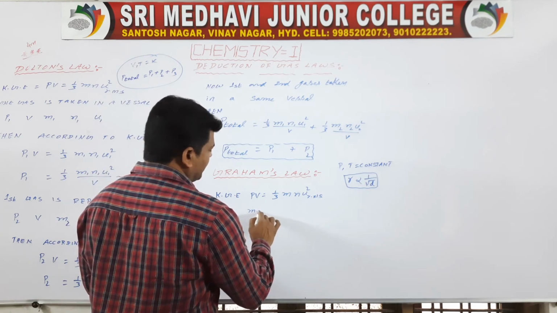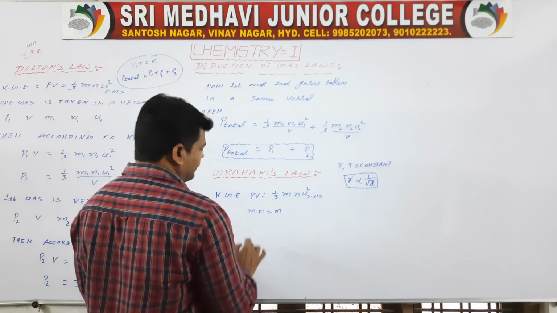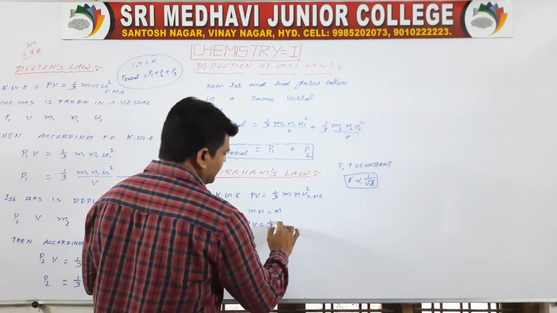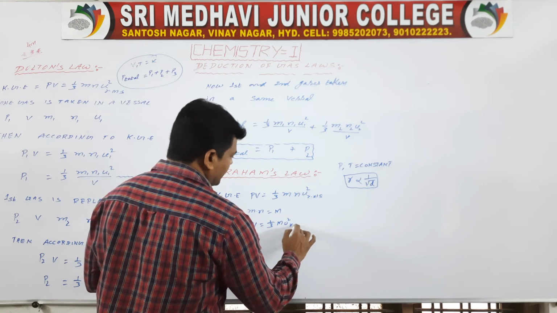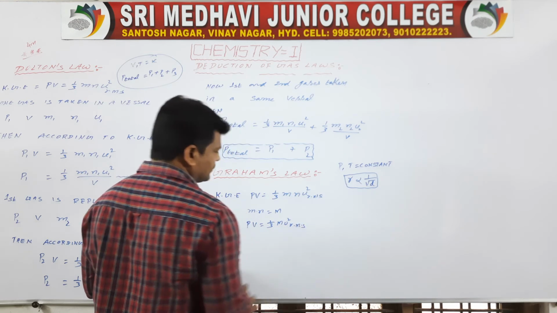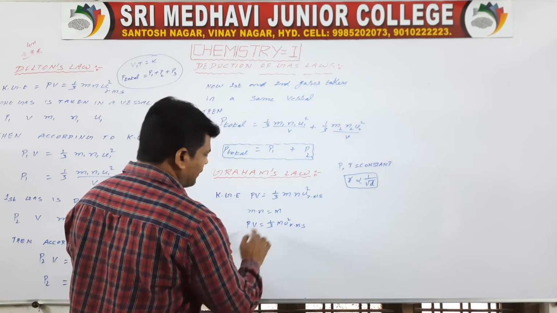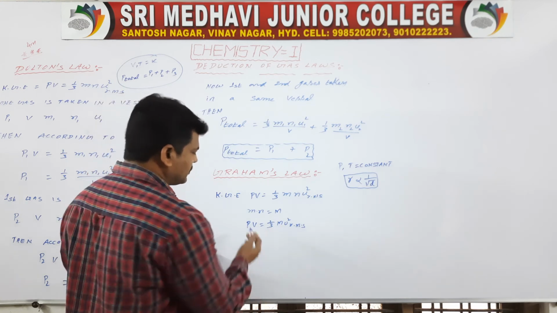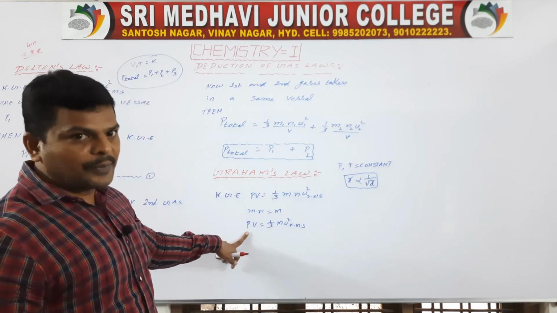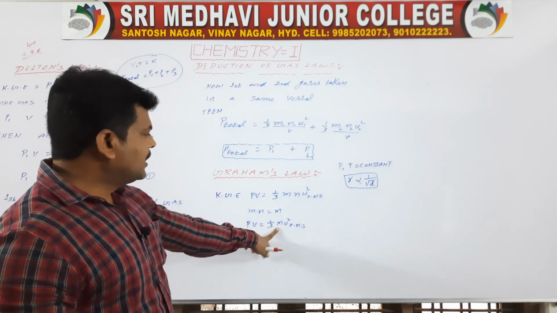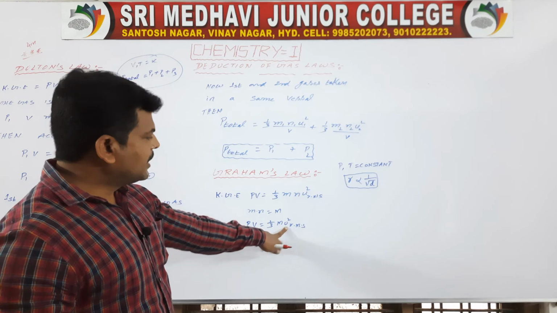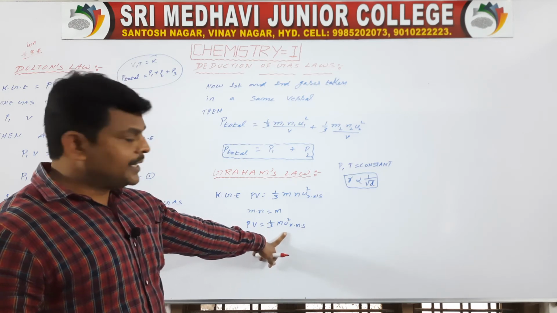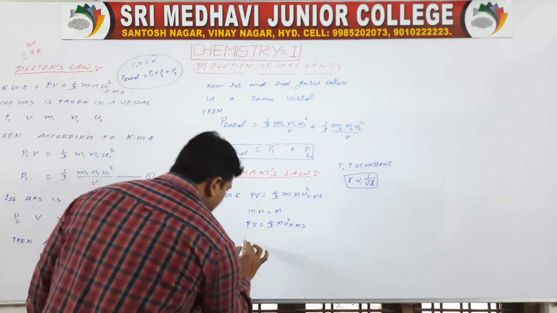The product of m into n equal to capital M. Then PV equal to 1 by 3 M u square RMS. So I want U. Here P is pressure, V is volume, M is molar mass, and U is rate of diffusion or RMS speed. Then you have to bring U to this side.